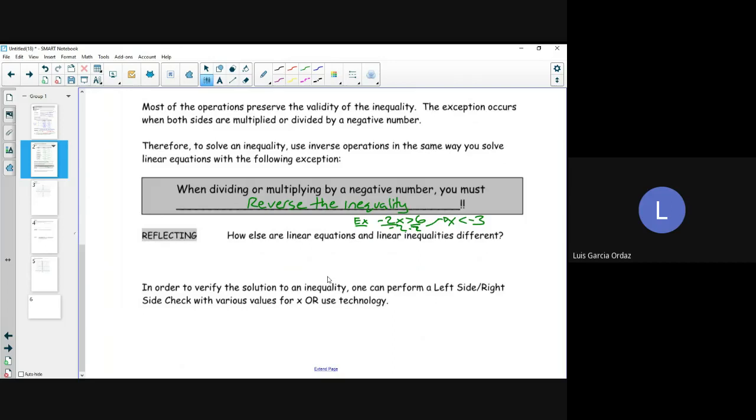So how else are linear equations and linear inequalities different? Okay, so how many solutions does a linear equation usually have? If we're just doing basic left side is equal to right side and sub in, we usually get one solution for linear equations.